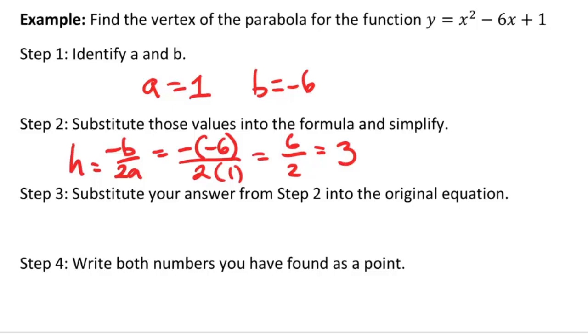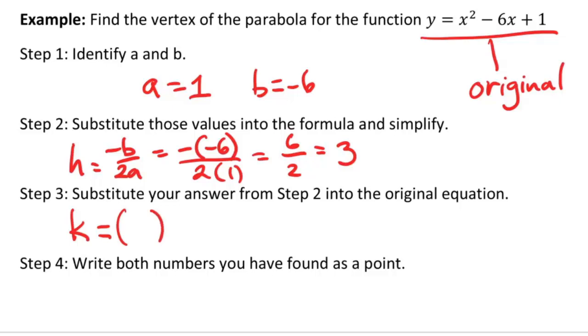Now, to find the y-coordinate, we're going to substitute our answer into the original equation. So the k value, or the y value of the vertex, is x squared minus 6x plus 1.